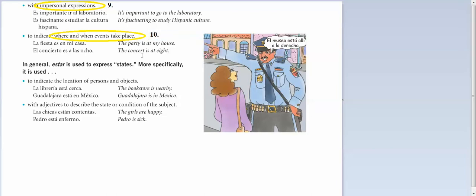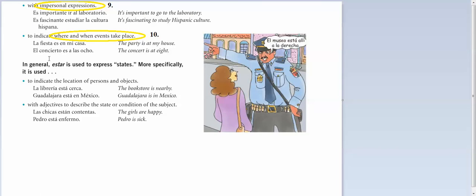And what you can do is if you can replace is with occurs or happening, then you're talking about an event. So la fiesta es en mi casa. The party's at my house, or the party is occurring or happening at my house. If I can say it like that, then it's an event. El concierto es a las 8. The concert is happening or occurring at 8, so we know it's an event, okay?